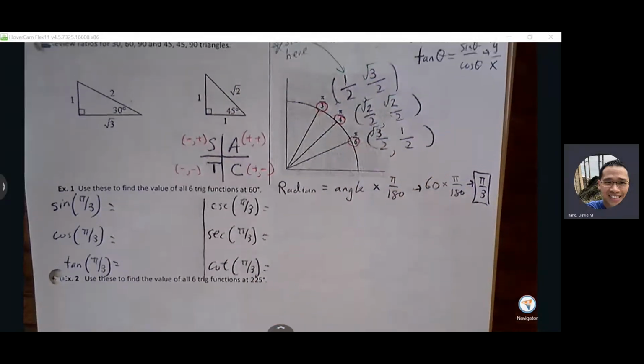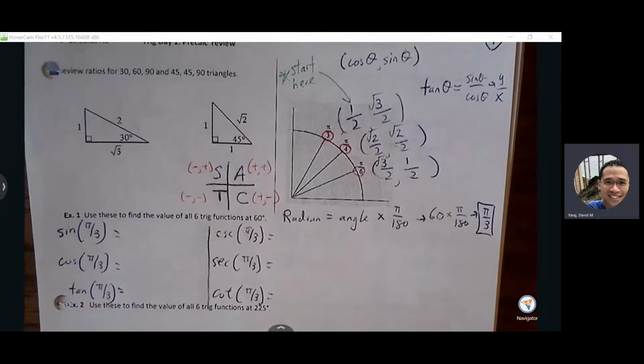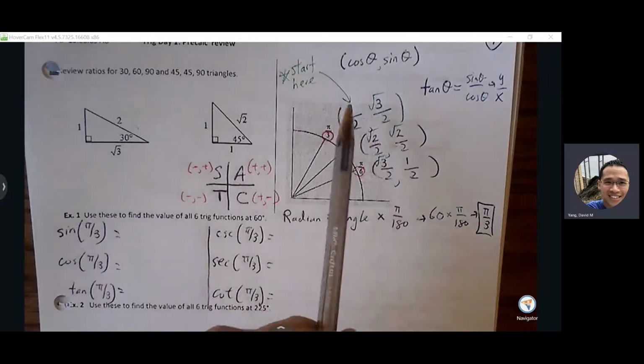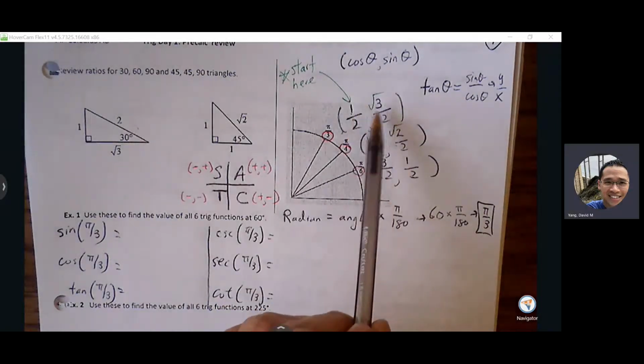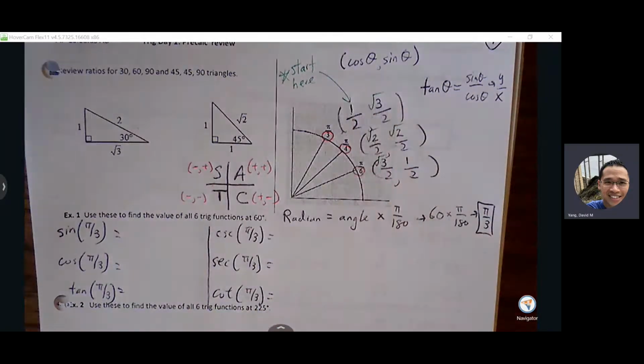All right, so see if you guys can fill out all these values. You know that sine of pi over 3, you're going to just be building off of the y value, right? Cosine building off the x value. Okay, try that.